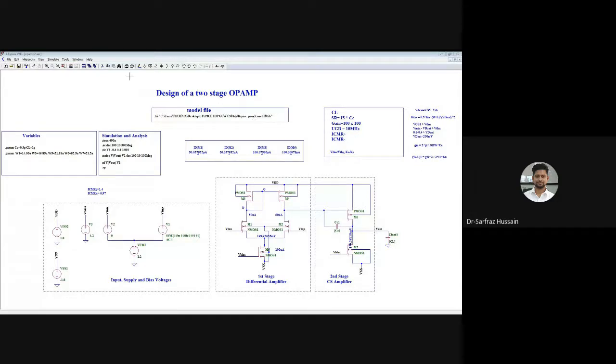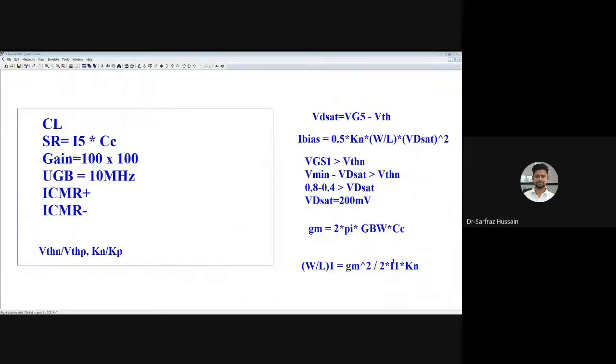I1 value is nothing but half of the I5 value, so this is equal to 50 microamperes, as we have seen what the current in the branches will be. The Kn value we have already calculated, so we'll put the value of Kn, the value of I, and the value of the transconductance gm from this particular equation.